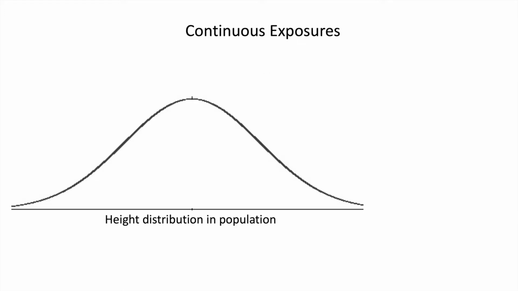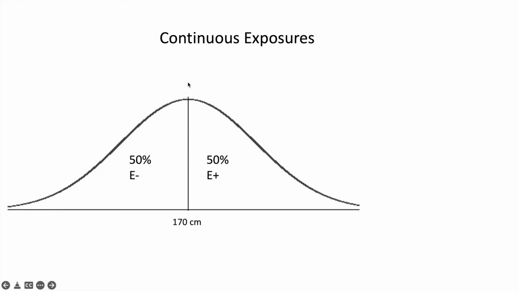Well, this is an example where this is just the height distribution in our population, and let's just consider it normal like this. If we were to want to do sample size calculations with an exposure like height, something we could do is just find the distribution for the population and cut it in half, and say everyone above this median value or mean value is exposure positive, and everyone below it is exposure negative.